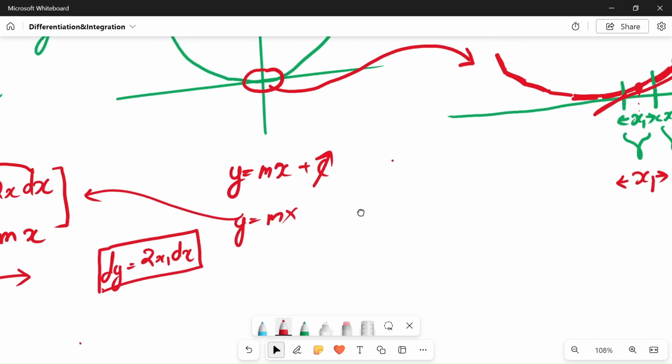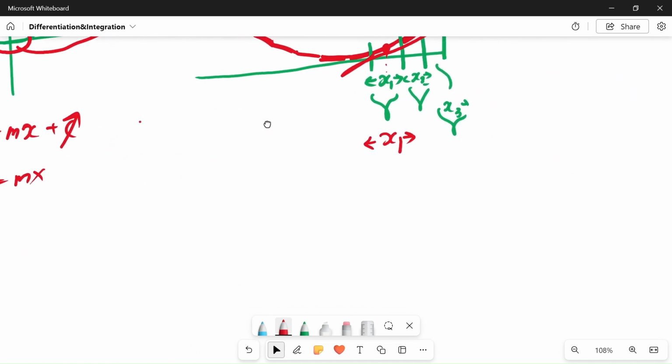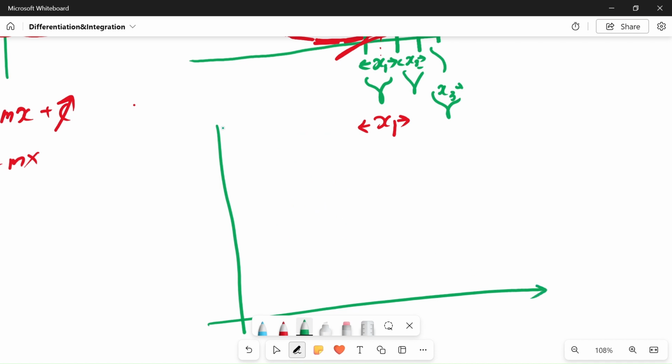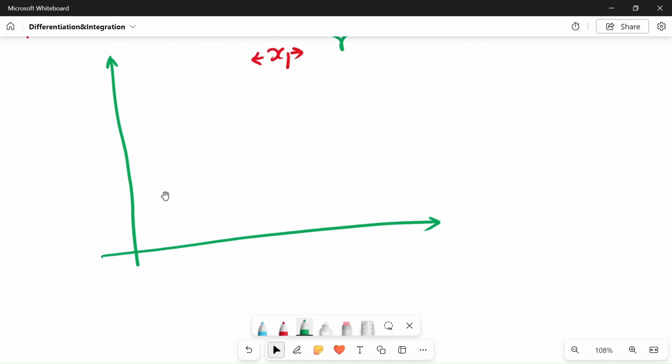So what we have actually done in differentiation is that we have broken down the curve into its infinitesimal straight line form, right? So it has become like this.